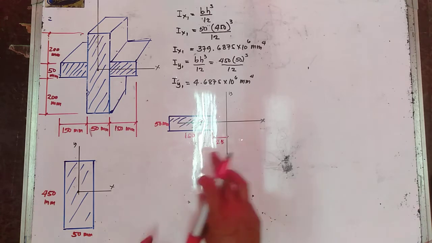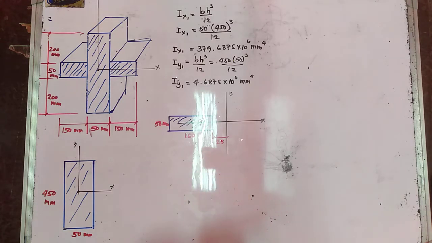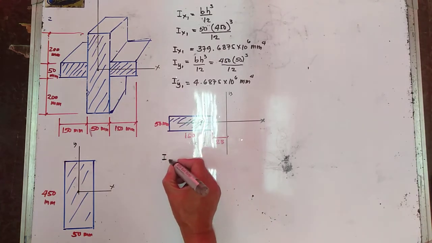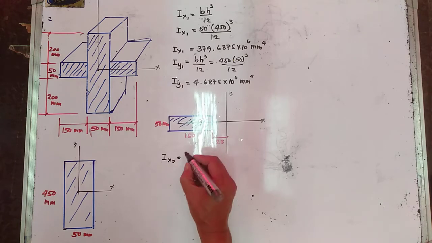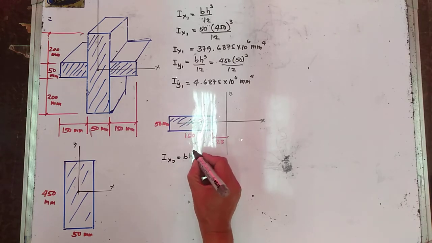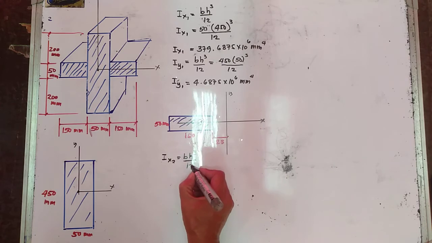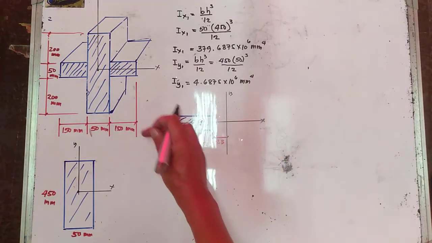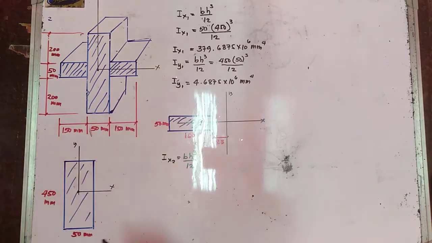Now, the moment of inertia with respect to the x-axis, which is your Ix2, is equal to bh cubed all over 12 because the x-axis passes through the centroid of this area.